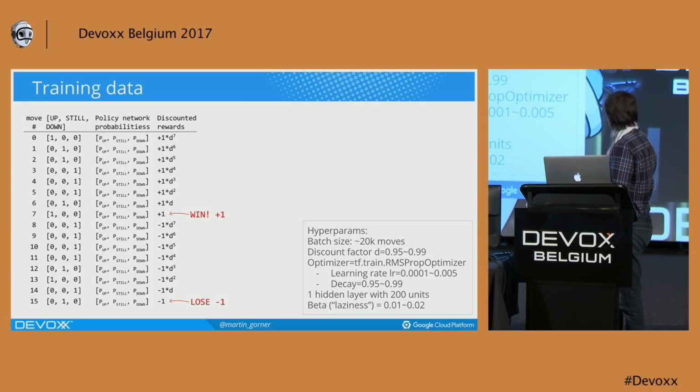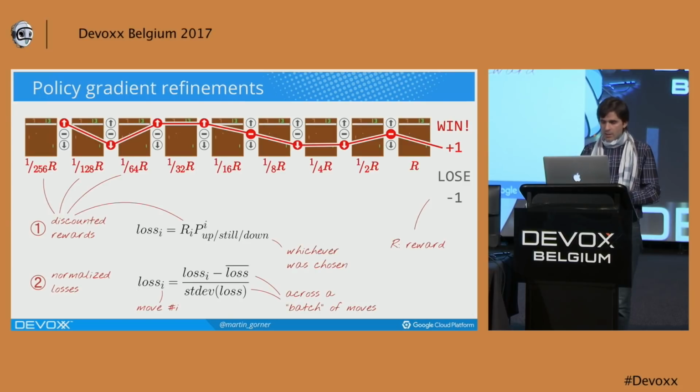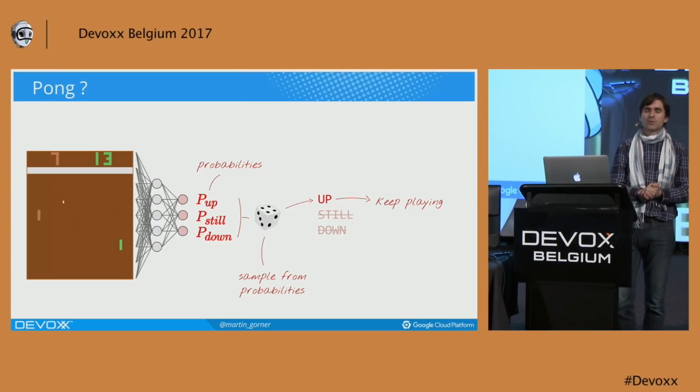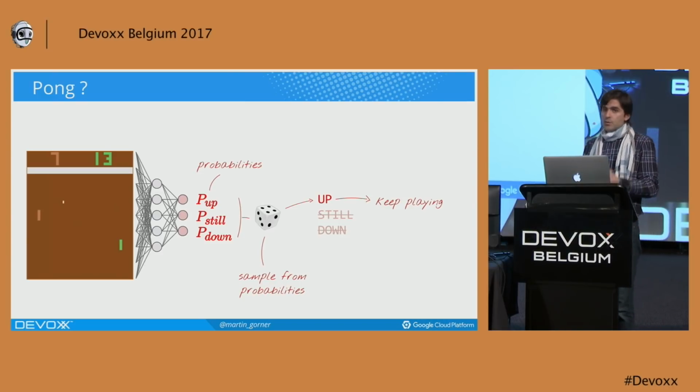It uses RMSprop as an optimizer. There is a whole collection of optimizers. We used this one and it worked. And the architecture really is as simple as a one hidden layer neural network. This was to test whether this really needed complex architectures or if it could work with something as naive as that.